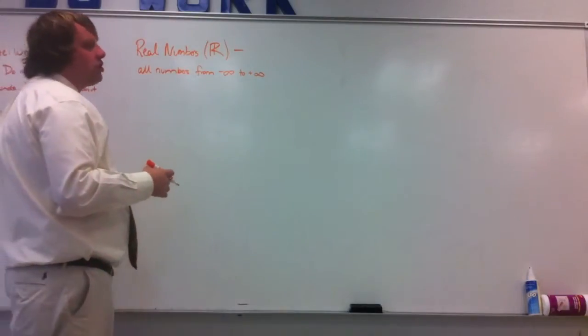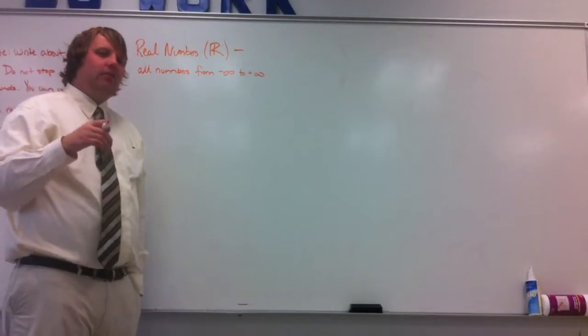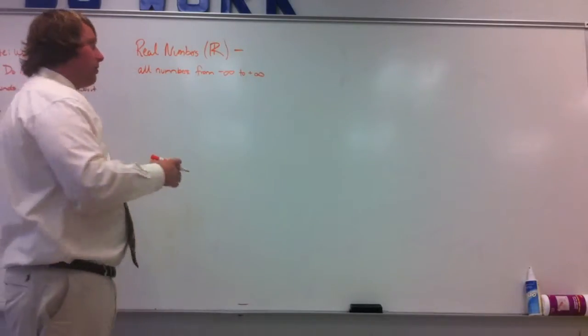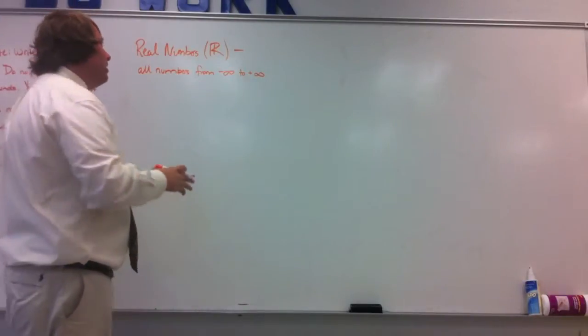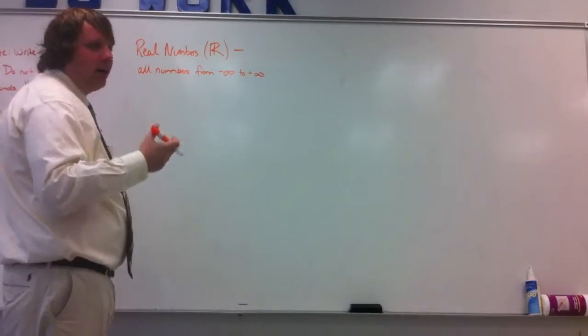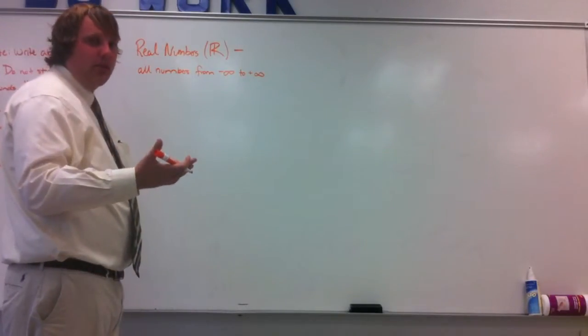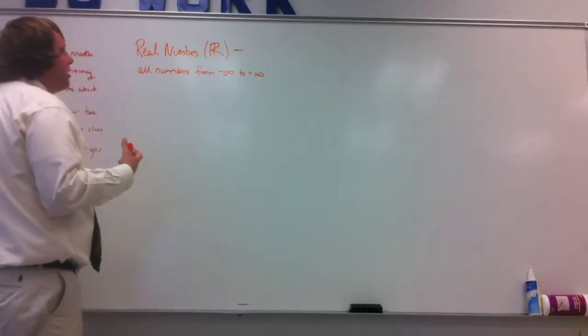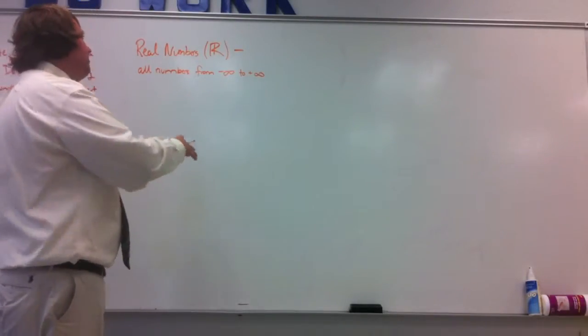But essentially, for our purposes, in 8th grade, any number that you can think of is going to be a real number. When you get to the higher levels of math, a couple years from now, you start dealing with non-real numbers, such as the imaginary number i. But for right now, any number you think of is a real number.